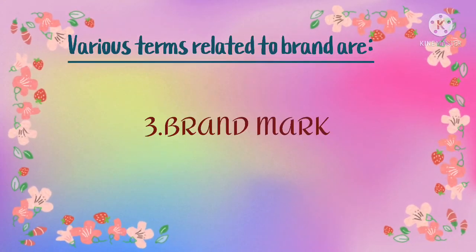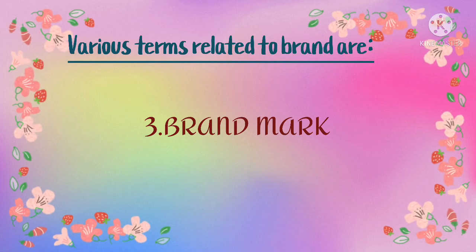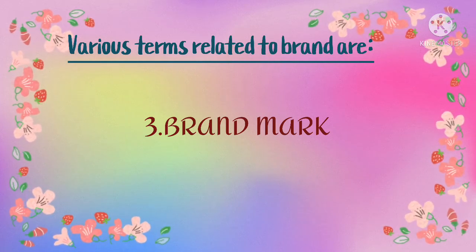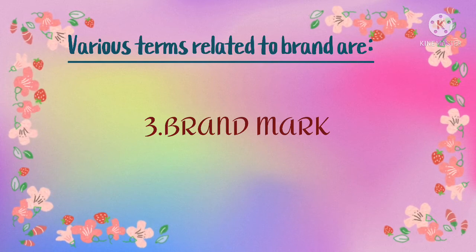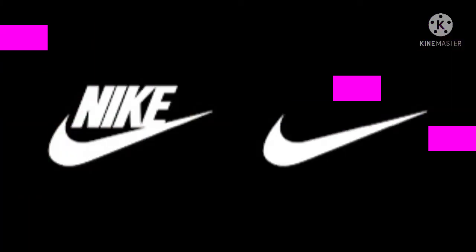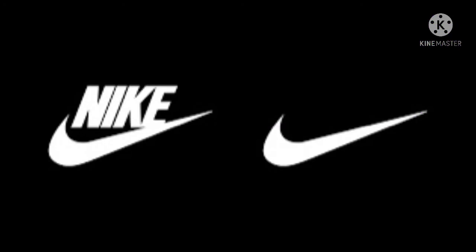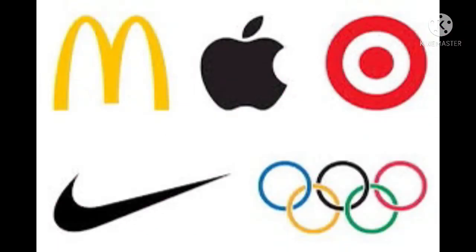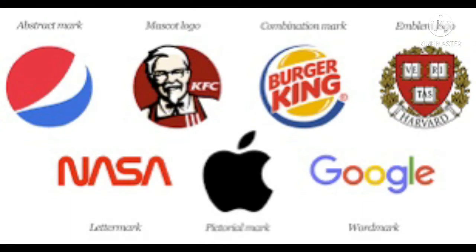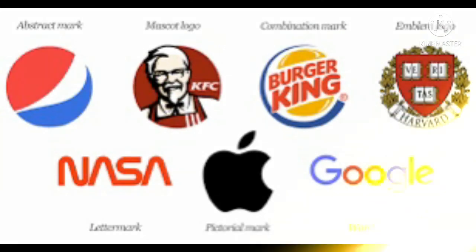Third is brand mark. The part of a brand which cannot be spoken but can be recognized is known as a brand mark. Examples are the symbols of Nike, McDonald's, Apple, Olympic, KFC, Pepsi, and so on.